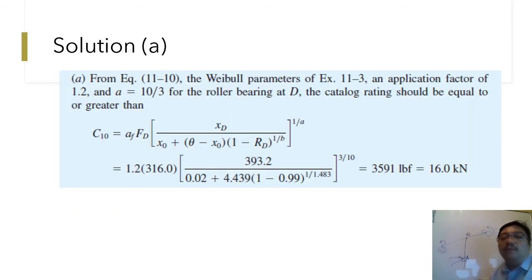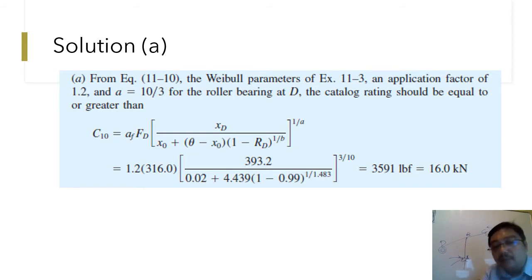From solution A, you can find the parameters from the equation for example 11.3. Go back to the video that shows example 11.3. With an application factor of 1.2 given, for roller bearing a equals 10 over 3. At D, the catalog rating should be equal to or greater than C10.